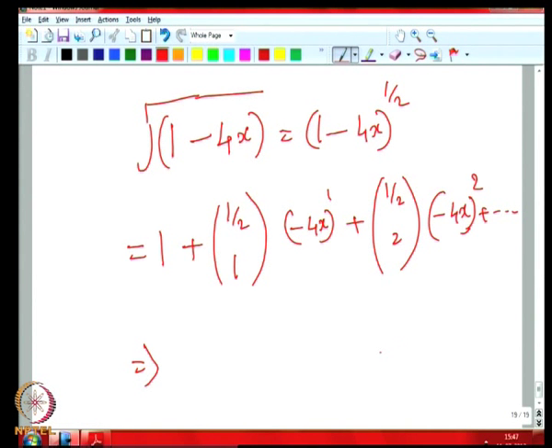So what will the nth term be? The coefficient of x raised to n will be half choose n into minus 4 raised to n. So we have to deal with this nth term now.